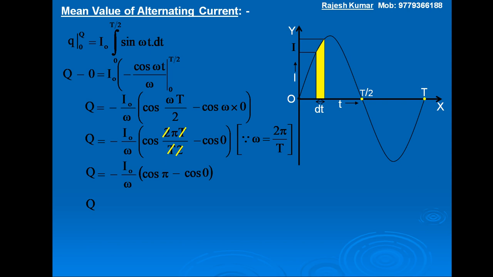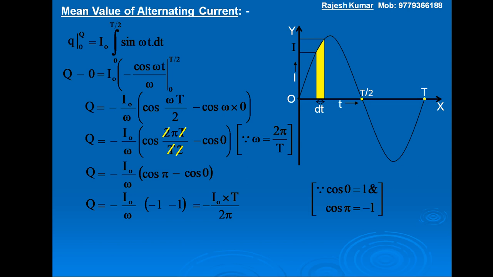So capital Q becomes equal to minus I naught upon omega into minus 1 minus 1. The value of cos pi is minus 1 and the value of cos 0 is 1. So it becomes minus 1 minus 1, which is minus 2, because cos 0 is equal to 1 and cos pi is equal to minus 1.